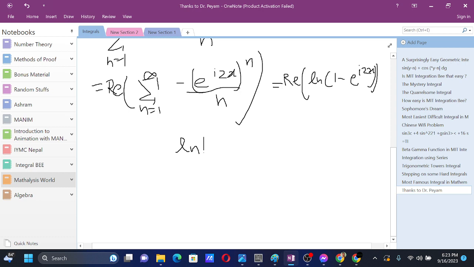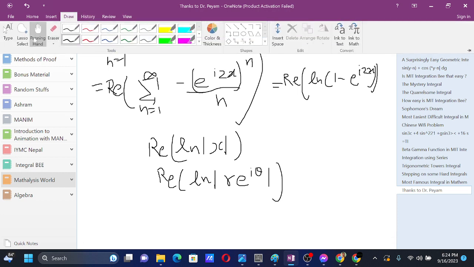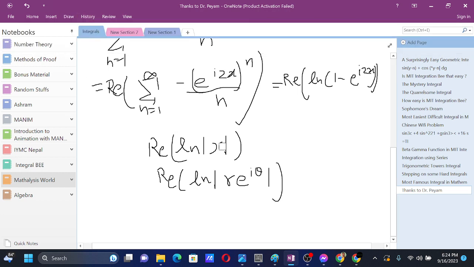To find the real part of ln x, we know that if x is a complex number, we can write it as r times e to the power i theta. Actually, let's say it was z instead of x, because z is the more appropriate convention for a complex number.